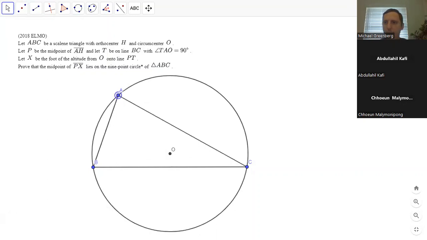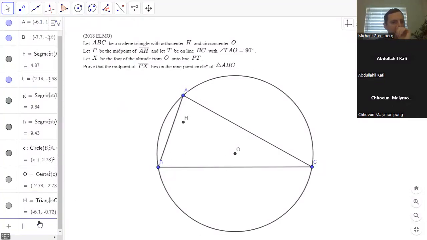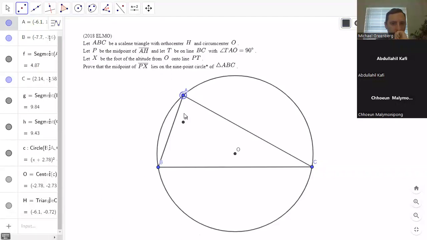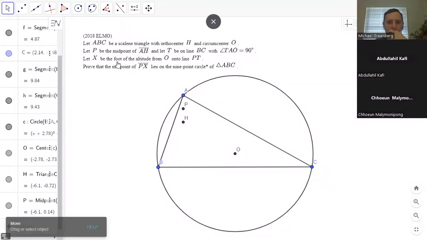Okay. P is the midpoint of AH. T is on BC, so that angle TAO is 90.